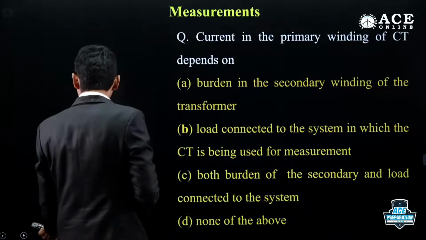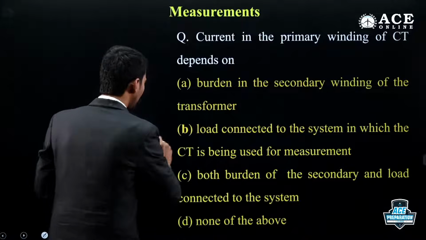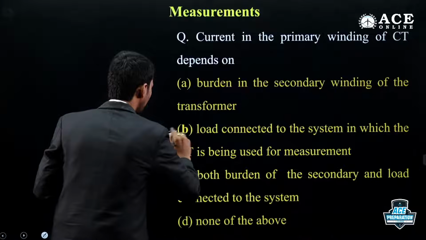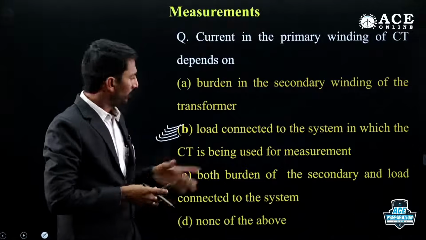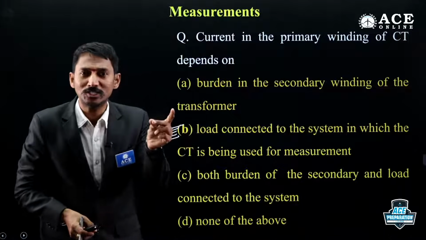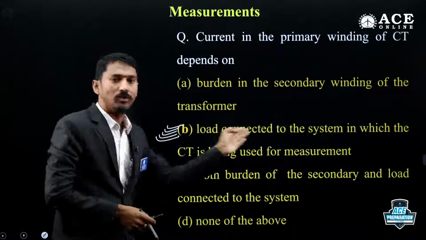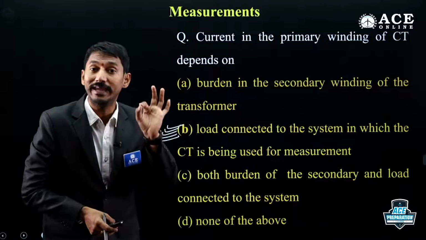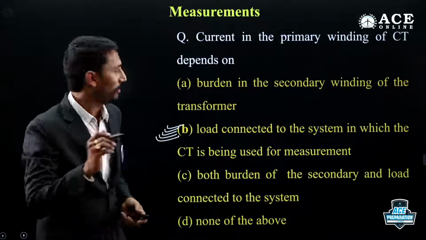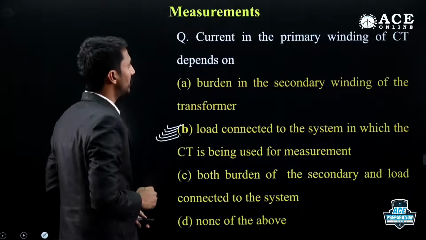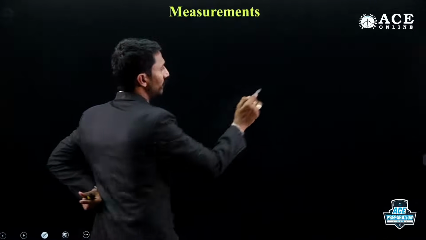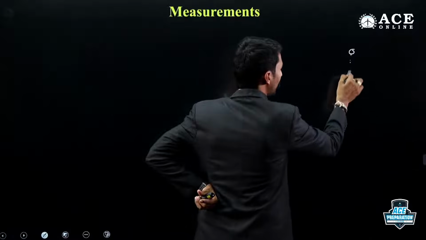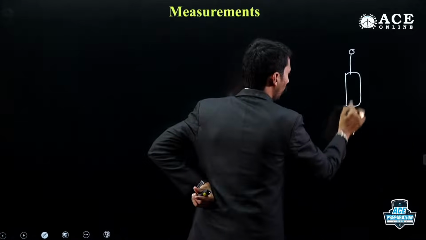So what is the appropriate answer, the conceptual point here? This one. But don't worry, if a conceptual question is there, I will be explaining the concept also, not just noting the point. Be clear. Suppose I am taking one line here, and this is the load.